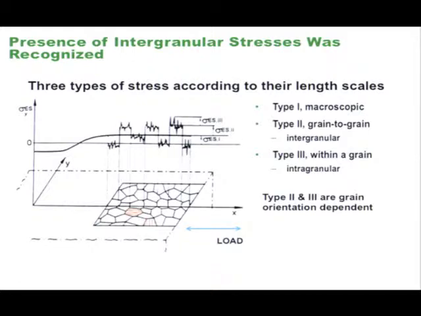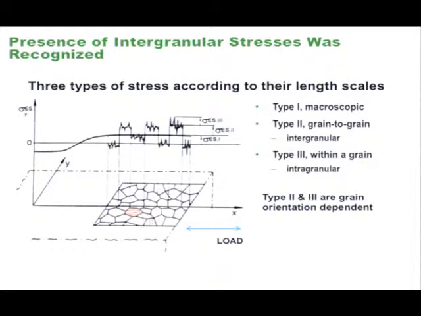If you have a dual phase material, the same would occur. And in addition to that, this gives a type 2 stress that varies from grain to grain, up and down. But in addition to that, within each grain, you can also have strain or stress fluctuation. And that gives so-called type 3 stress. This typically shows up in the peak width measurement.